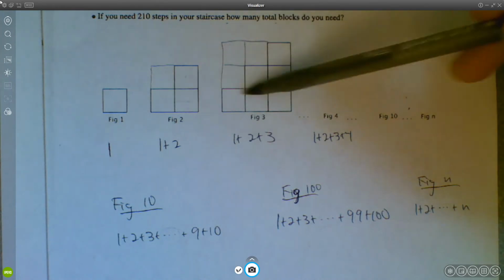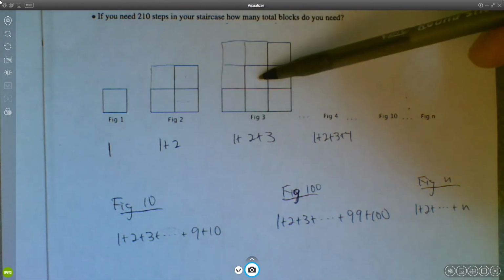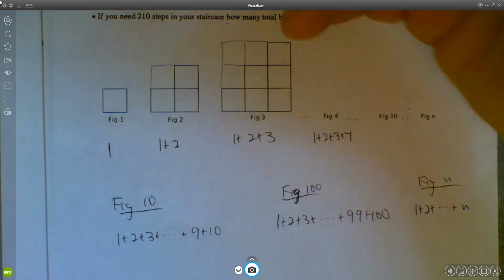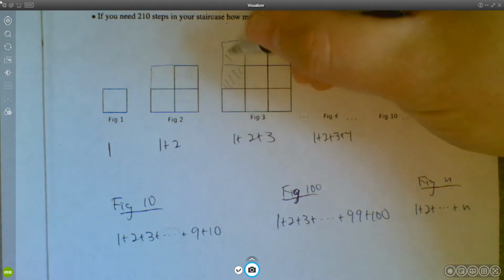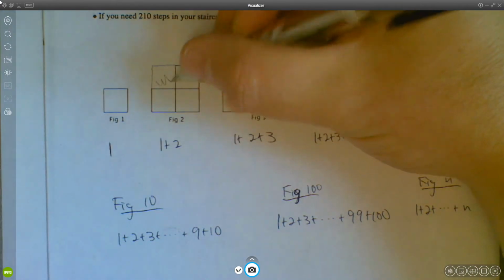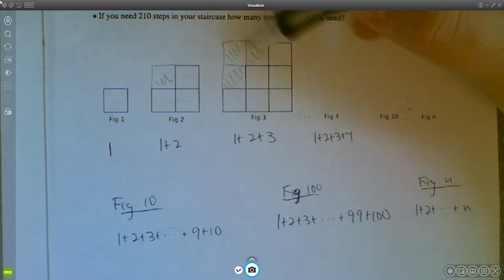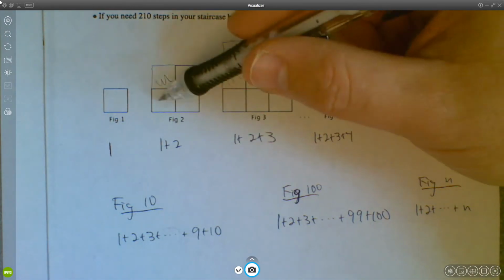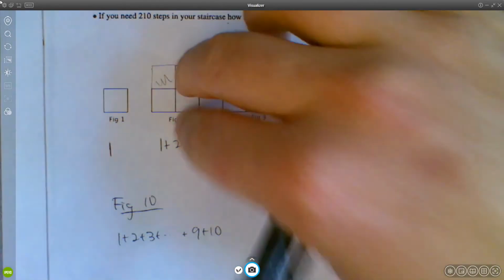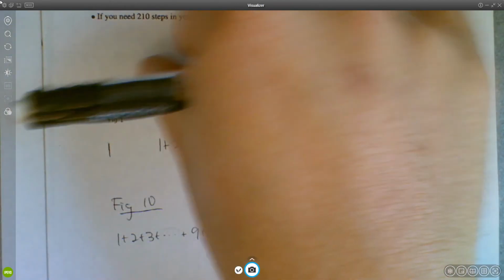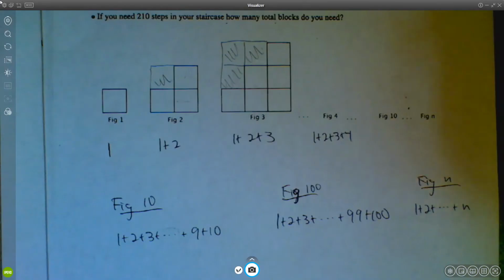Notice that it's not a figure 3 minus a 2 by 2, because I'm not missing this square right here. I'm only missing these 3. So I'm not missing a 2 by 2. I'm missing a figure 2. If you take figure 2 and you kind of turn it upside down, that's the piece that I'm missing on figure 3.